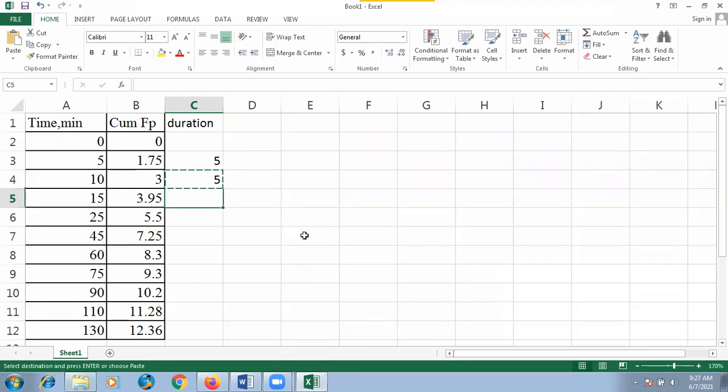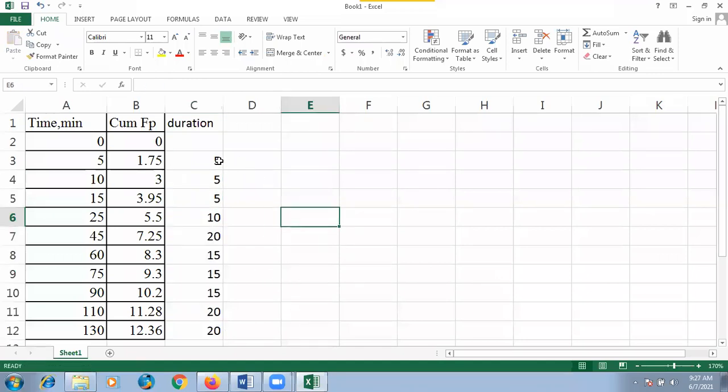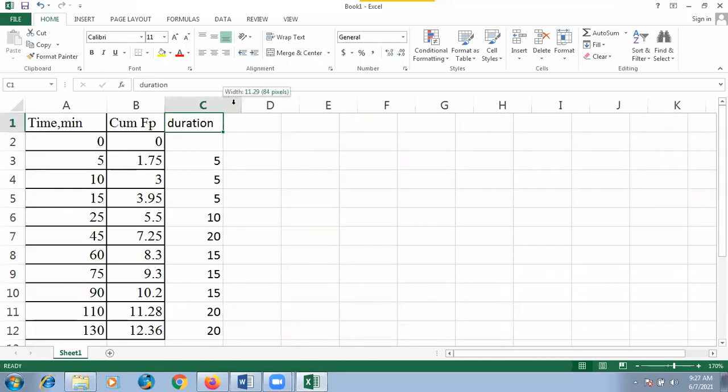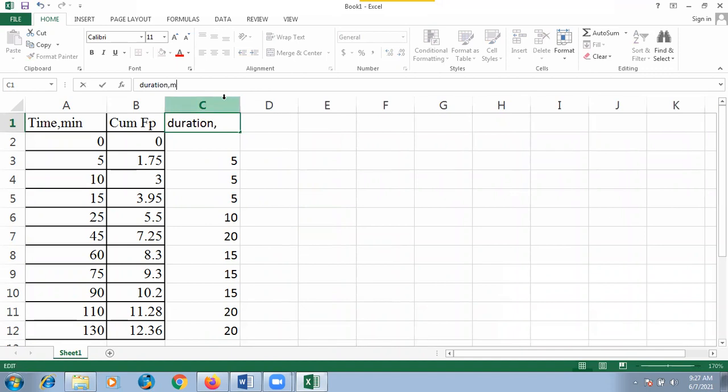Like that, you calculate all intervals of time. Look here, the intervals of time have not remained constant. They have changed. The first 3 intervals are 5 each. Next you have 10, next 20, again 15 for 3 more instances, and finally 20 and 20. This duration is again in minutes. You may have to understand this. Then further, the value of infiltration.